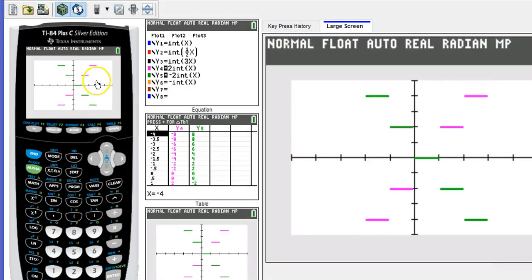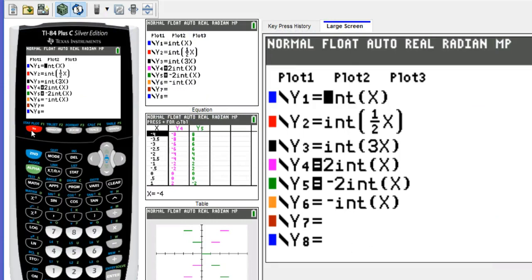So what I have here in my graphing calculator, let me turn some things off here. Okay, so in my screen, I think you guys can see everything with my recorder where it is. Right now I have in my graphing calculator 6 different equations typed in. And right now I have equation 4 and 5 turned on.